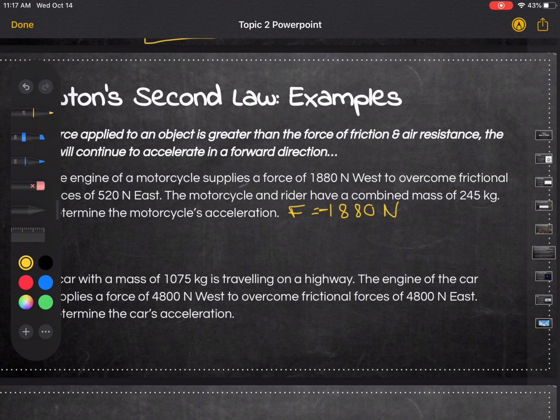So negative is west. I'm just going to erase this just because I didn't leave enough room. So we've got a force of negative 1880 newtons. To overcome friction, which is another force of 520 newtons east. So that's positive.